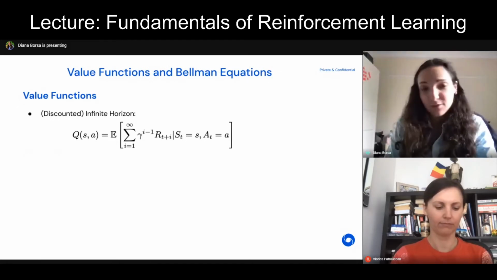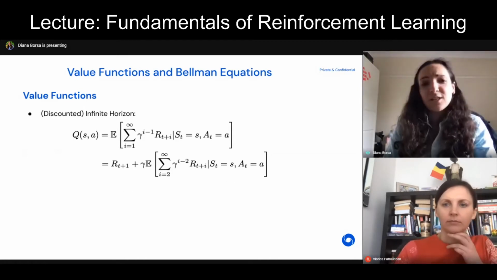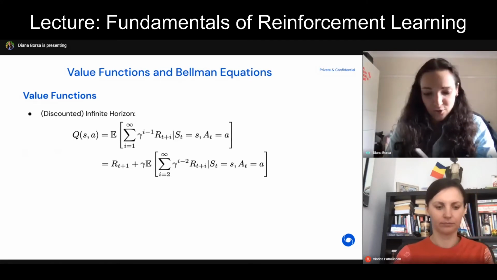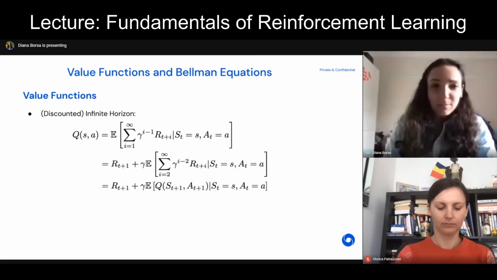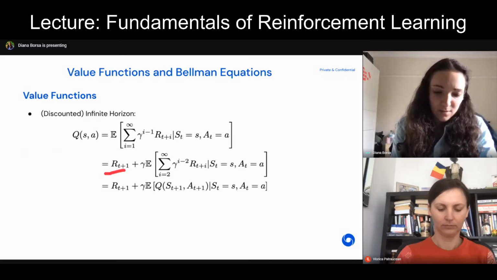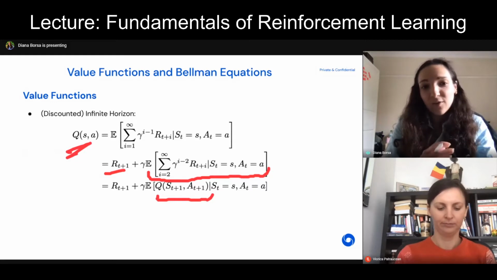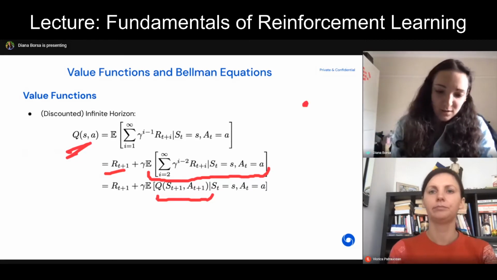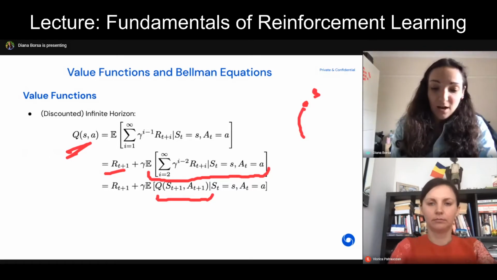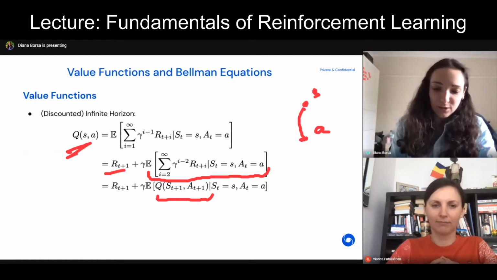Now, because of the Markov property, the value function has this nice recurrent relationship where we can break up this equation into two parts: the immediate reward, and what remains in the sum, which can be reinterpreted by the same definition as the value function of the next transition. So I started in state S, I took an action A, and then I have multiple futures available to me.